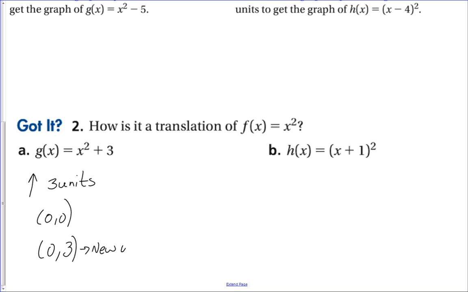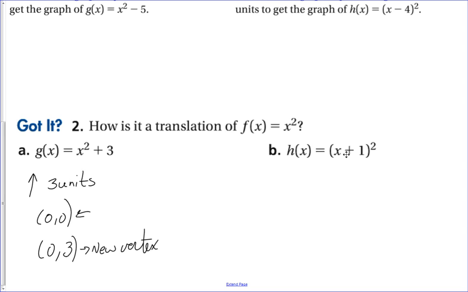All we did was take our parent function, which has a vertex at 0, 0, and move it straight up 3 units. That's what this plus 3 does. So 0, 3 is our new vertex because our x-coordinate did not change, but our y value increased by 3.